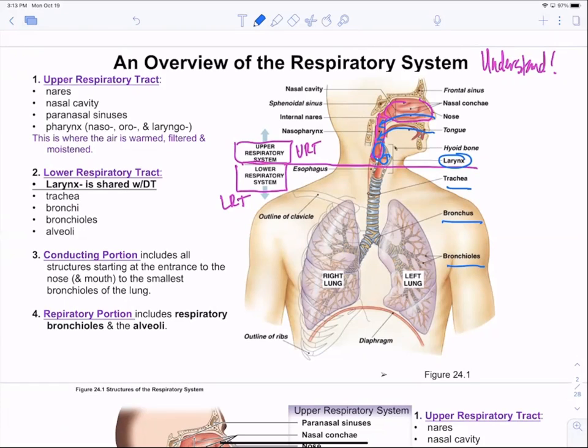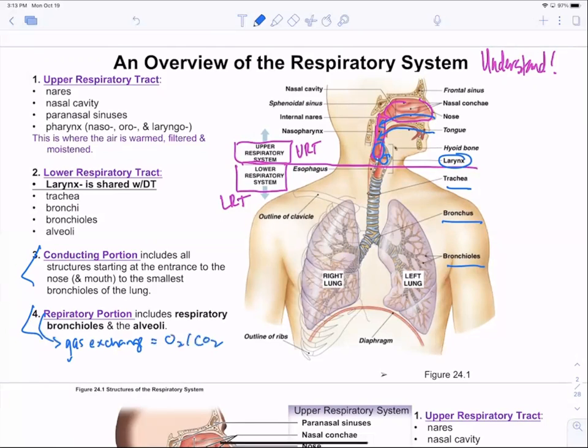And if you have an infection in the lower respiratory tract, it's bronchitis, it is pneumonia, something in that lower respiratory system. Now, the other two things are the conducting portion and the respiratory portion. Respiration refers to gas exchange. With gas exchange, we're talking about O2 and CO2.